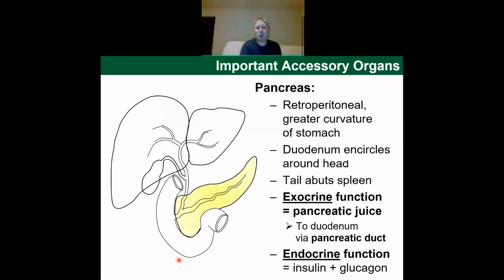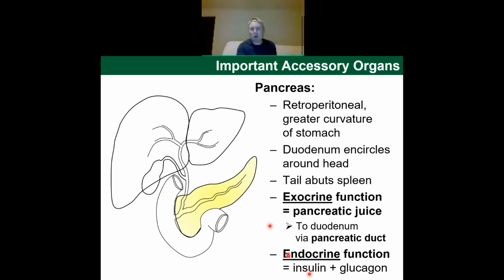And the last one that we need to talk about really quickly is our pancreas. You remember the pancreas was this, it might be a bad description, but a carrot-shaped structure. It has a wider part and a more narrow part. We also remember that the pancreas was both endocrine and exocrine.